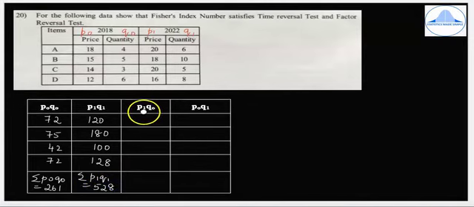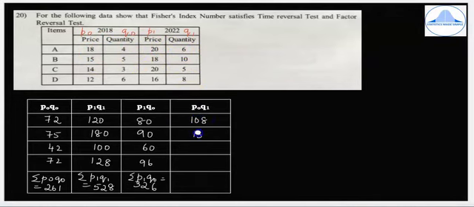Next, we calculate P1 Q0, that is 20 into 4 is 80. Next, you will get 90, then 60 and 96. So summation P1 Q0 is equal to 326. Next, compute P0 Q1, that is 18 into 6 is 108.